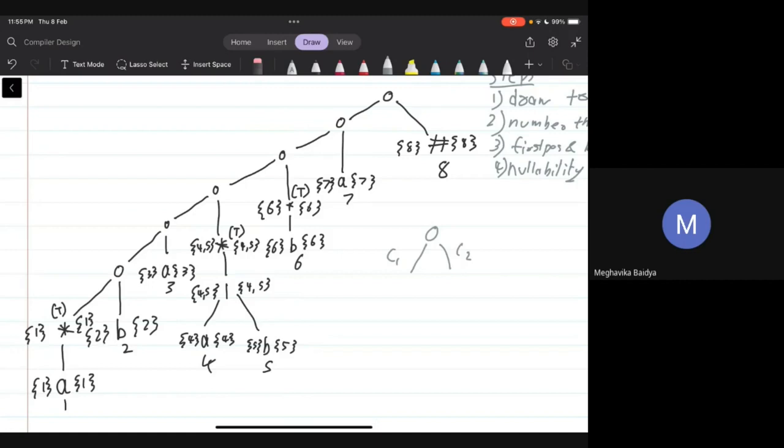For this concatenation, first pos, you have to check the nullability of C1.